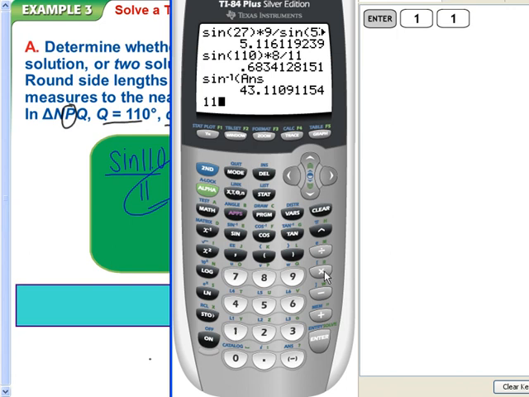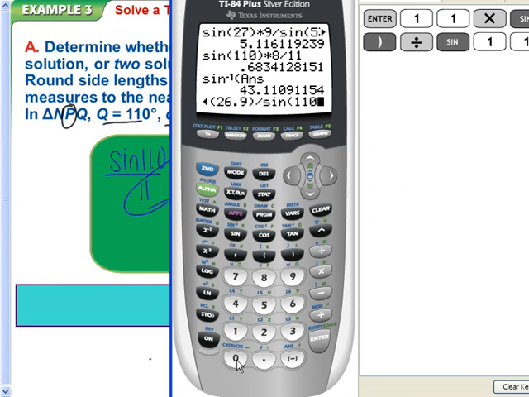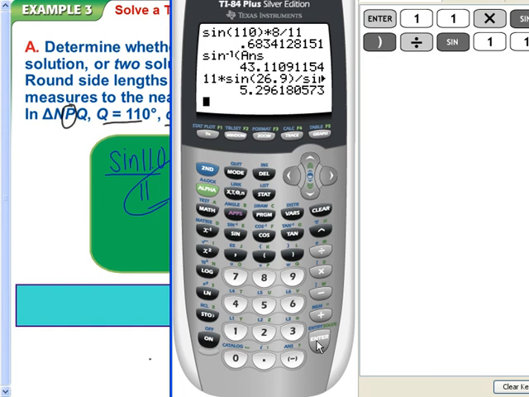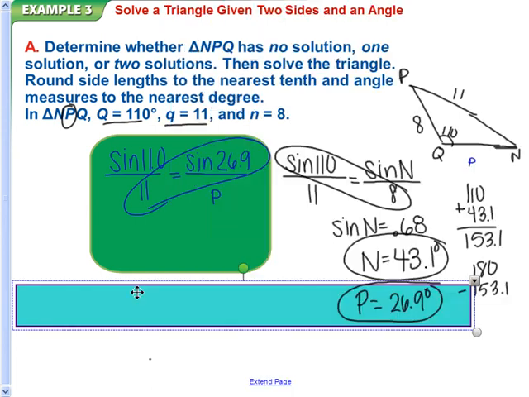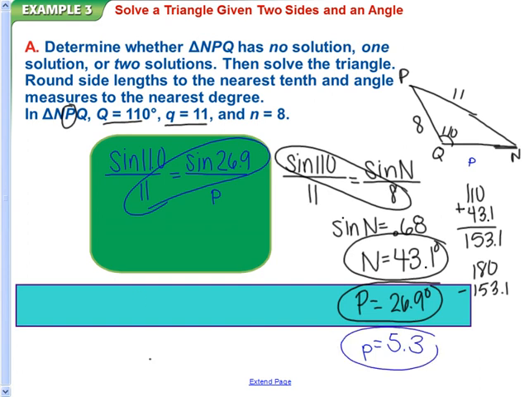So 11 times the sine of 26.9 divided by the sine of 110. 5.3. So lowercase p equals 5.3. And there we have solved that triangle.